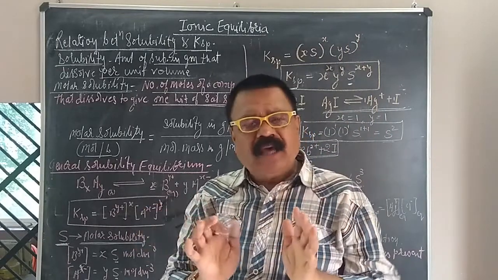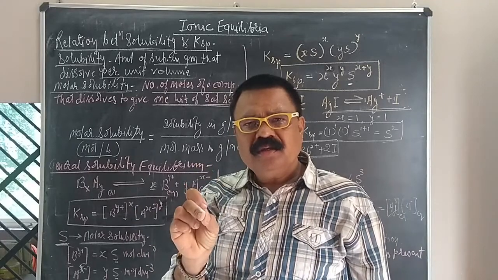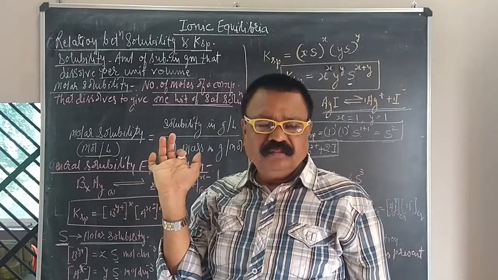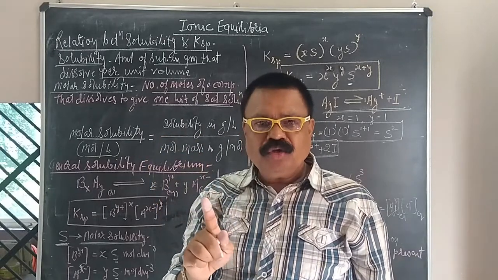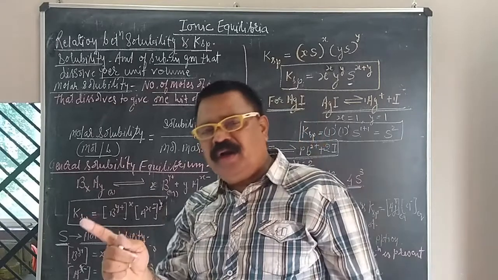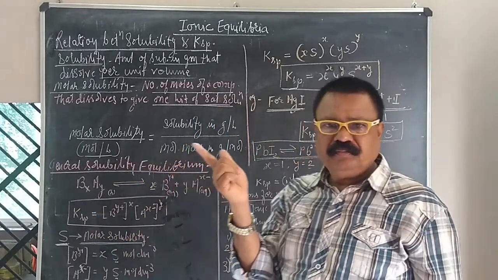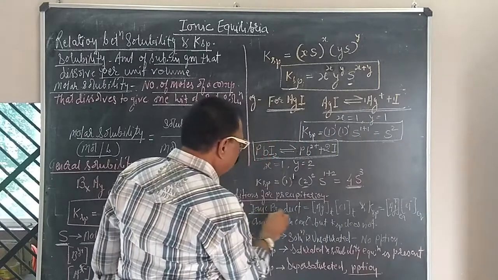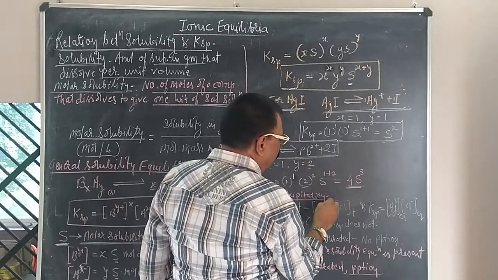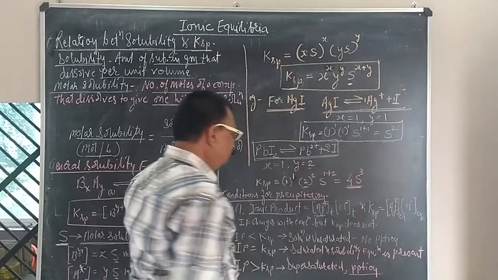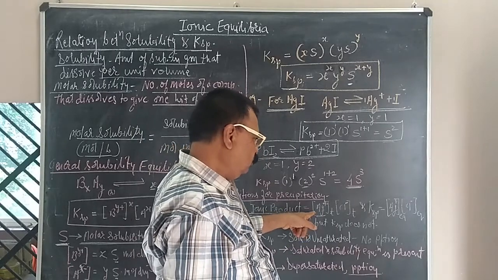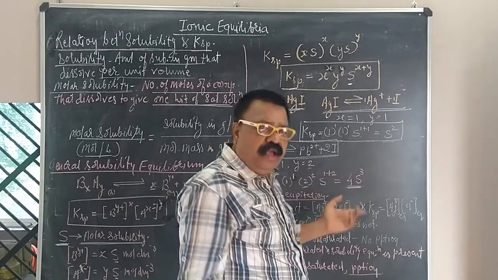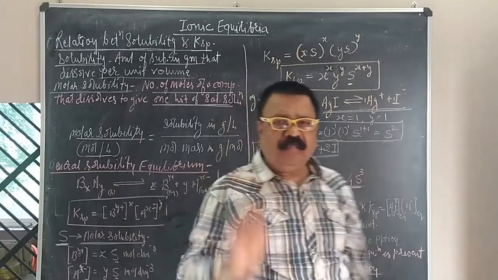See, ionic products are nothing but the products of the concentrations of the constituent ions at any temperature. So that's why we have taken ionic product: concentration of these ions Ag positive, Cl negative at a given temperature. That is known as the ionic product.